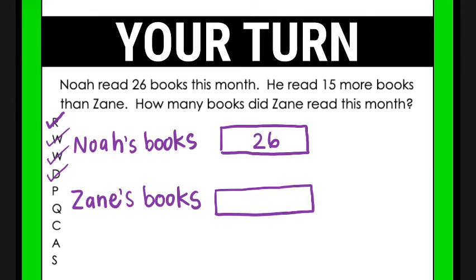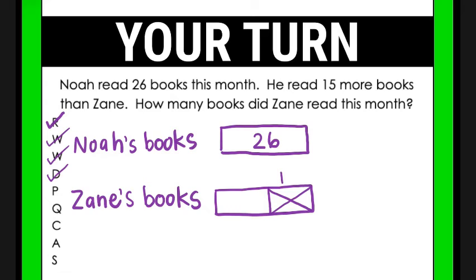Next it says he read 15 more books than Zane. So I know Zane's unit bar needs to be smaller than Noah's because he read less books. So what we're going to do is we're going to take a piece out of Zane's unit bar because Noah read 15 more books than him.